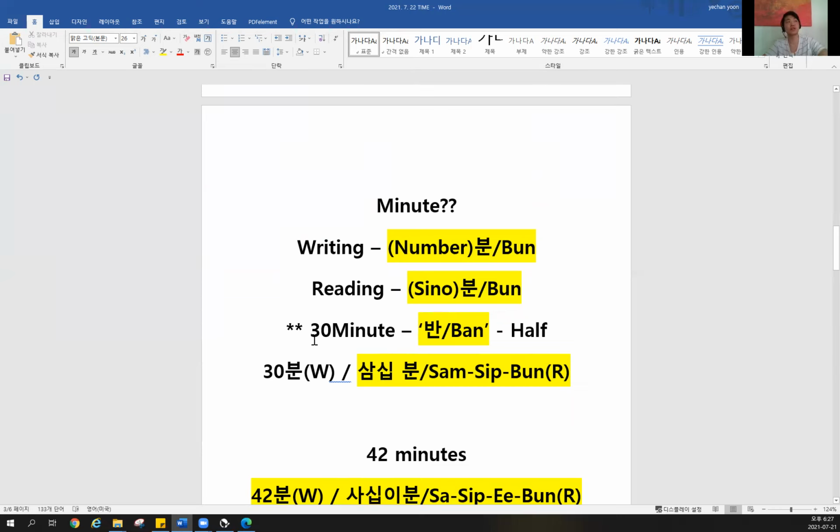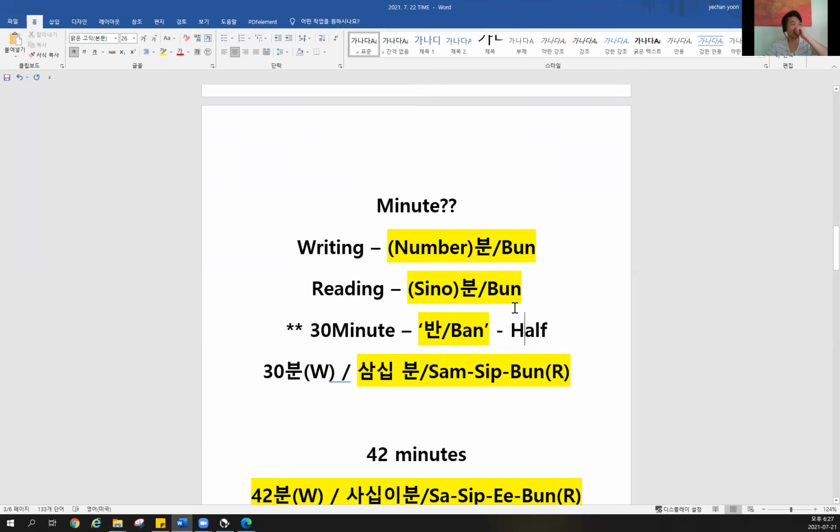Please remember this one because we use 반 a lot, since it is easier to speak. Yes, Koreans also don't like to repeat words, so they usually simplify it. That's why we created 반 with the time as well.